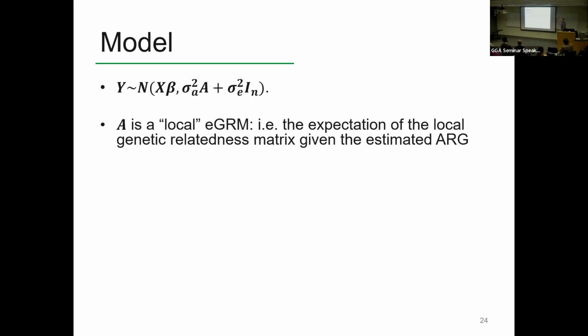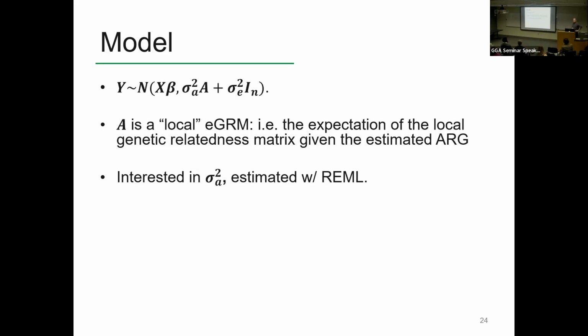So A here is the local EGRM. We take a window of the genome, say a 5 KB window, compute the EGRM for that window, and that's A. And then what we're interested in is sigma squared A. It's the variance component attributable to the shared relatedness in a specific region of the genome.